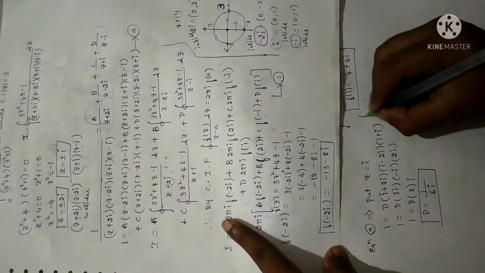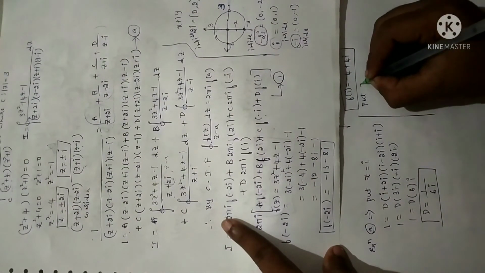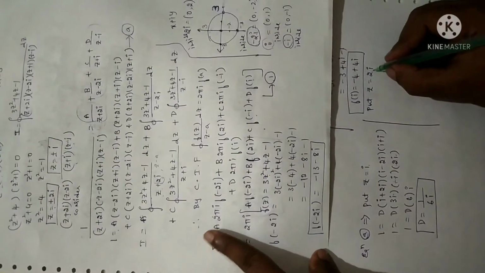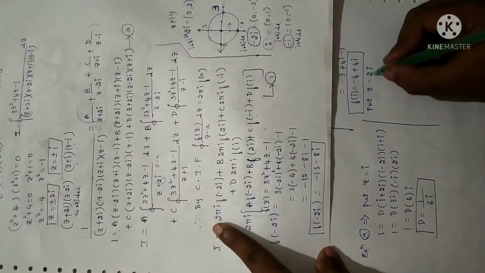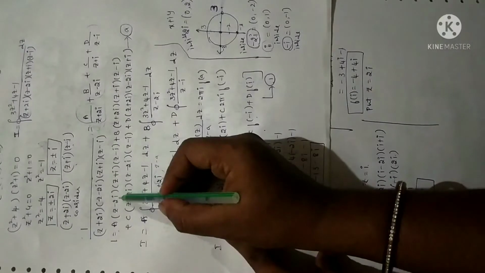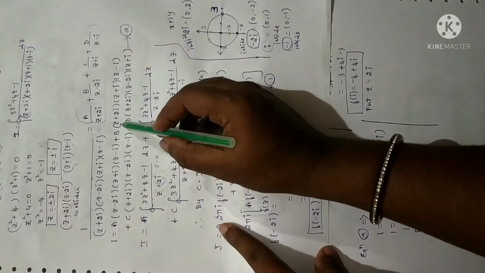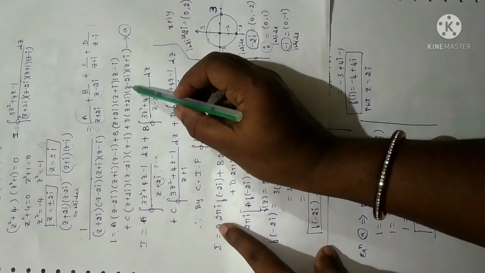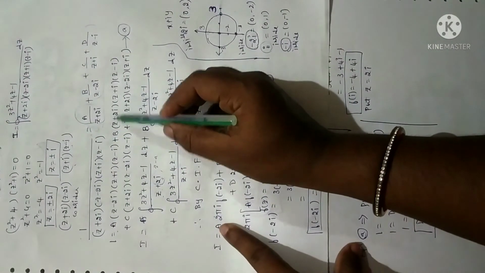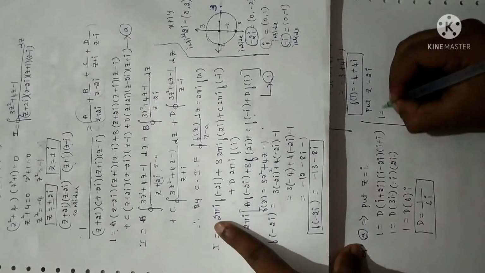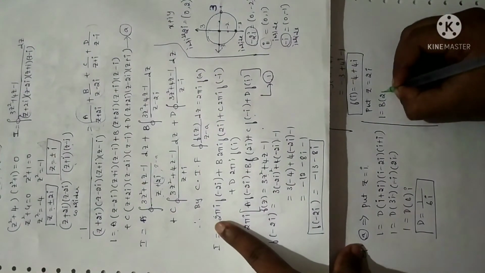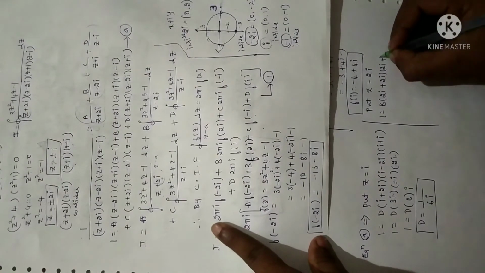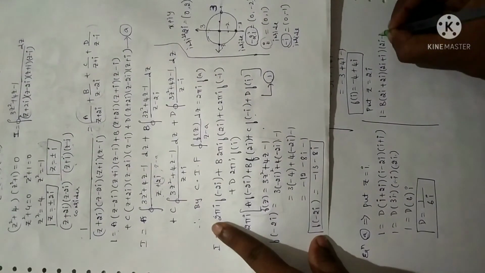Similarly, let me substitute z is equal to 2i. When you put z is equal to 2i, wherever you have z minus 2i, it will be 0. So 2i minus 2i is 0, and each such term vanishes, so you will get the B value. Let me substitute: 1 is equal to B into 2i plus 2i into 2i plus i, 2i minus i.